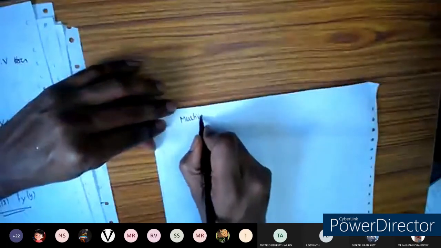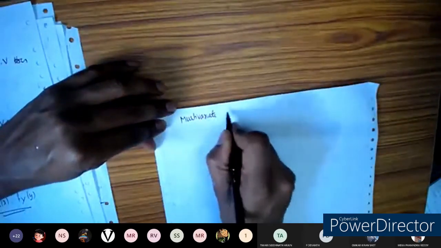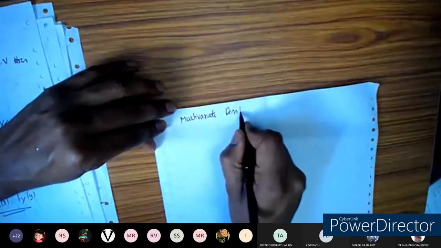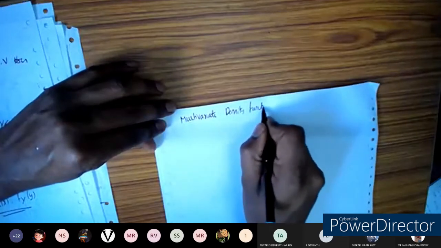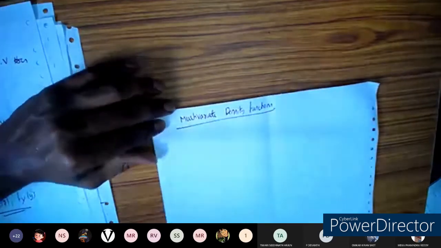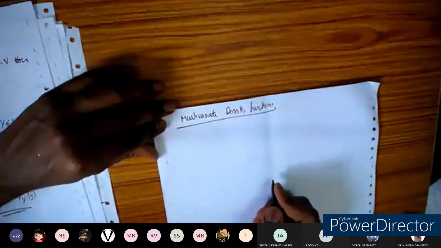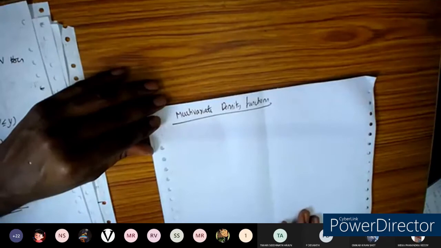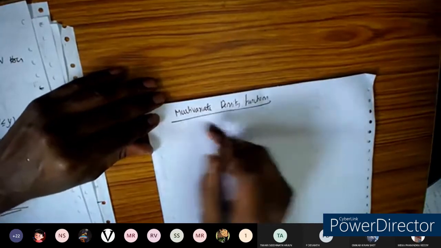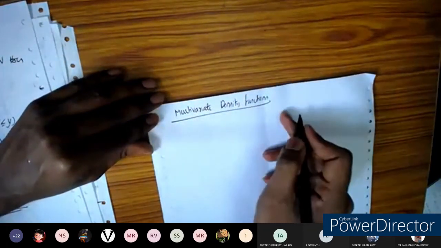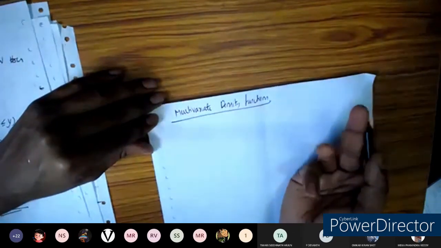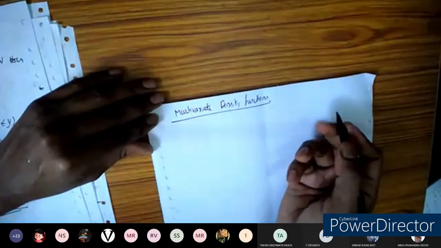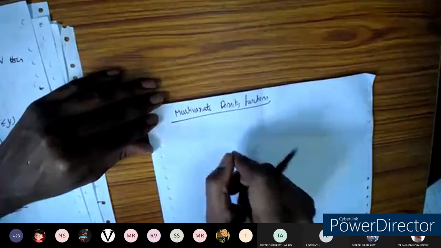Take the next concept: multivariate density functions. Multivariate means that if the number of random variables is more than 2, we call them multivariate random variables. For that, we are going to define the CDF and the PDF.